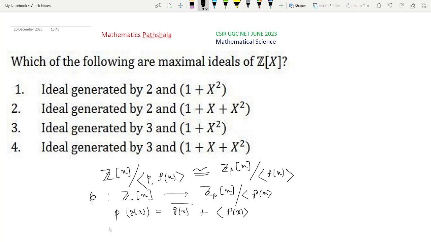So now it is an easy exercise to see that this map is well defined, because if we take any two polynomials g(x) and h(x) such that they are same, we have to show that their image is also same. So very easy to see that if the two polynomials are same, then their class g(x) equals class h(x).